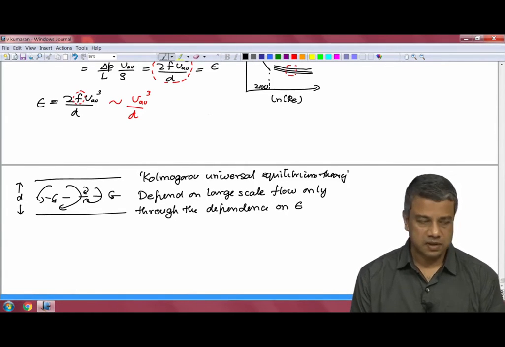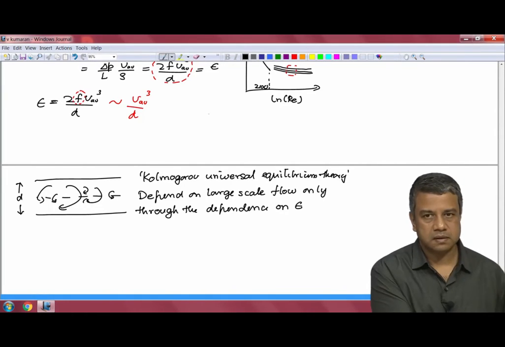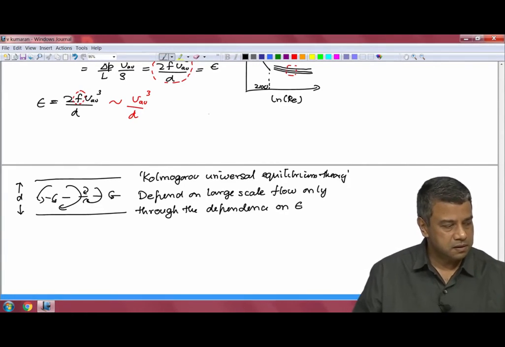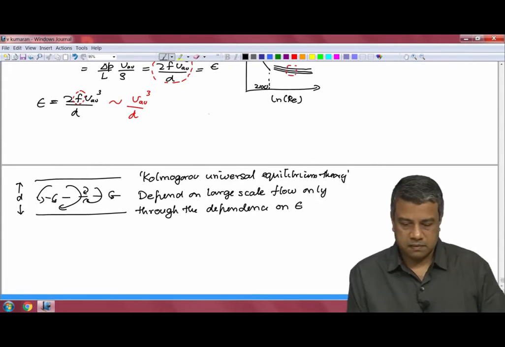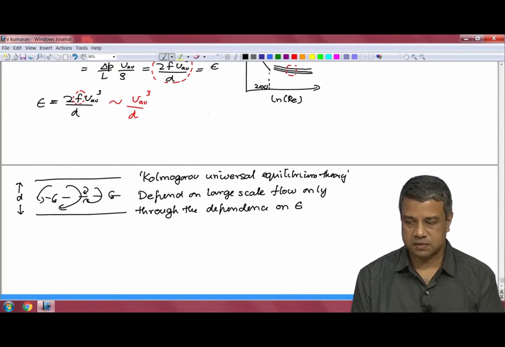Because the size is so much smaller than the size of the largest eddies, and the velocity is so much smaller than the velocity of the largest scale flow, they do not directly depend upon the large scale flow, but only through their dependence on this energy dissipation rate per unit mass.